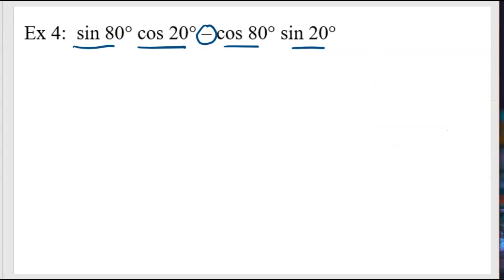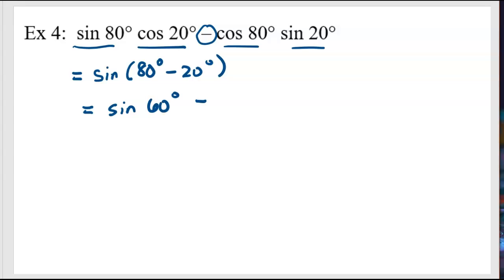So this, according to the formula that I just circled, is sine of 80 minus 20, which is sine of 60 degrees, which is root 3 over 2. Final answer.